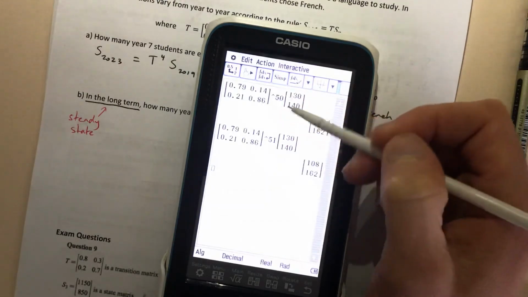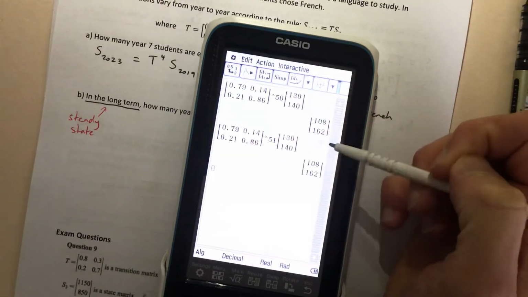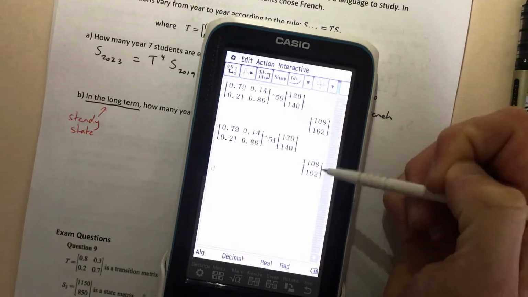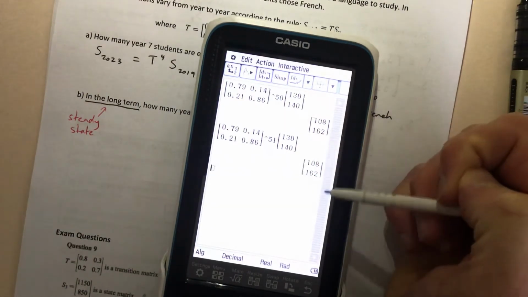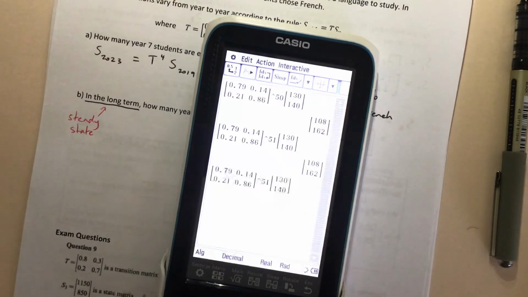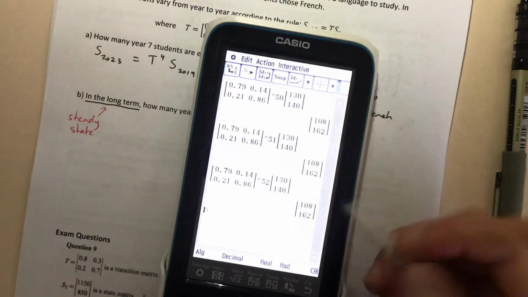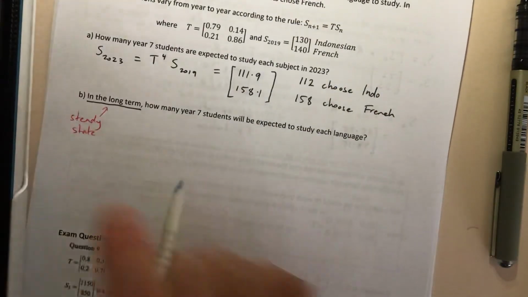If I go 50 years and then 51 years into the future, I've got the same value twice in a row, which means the steady state in the long term is what the numbers have settled on, and they're not changing anymore. You don't have to, but you could even do a third calculation. You can see the numbers aren't changing, so we've gone far enough into the future. We've reached this steady state.